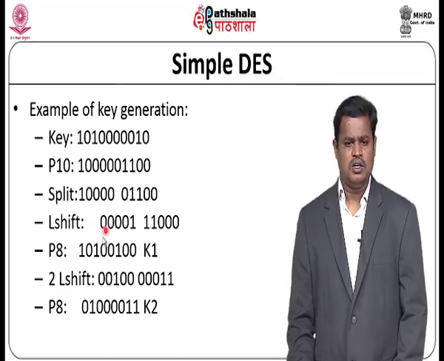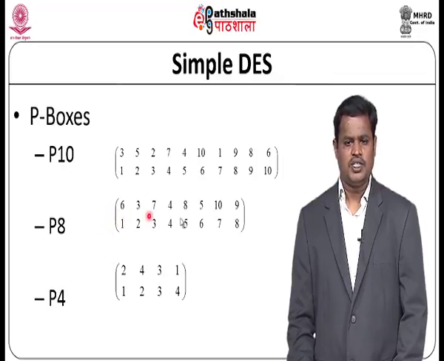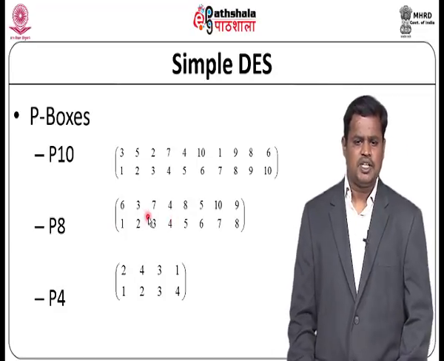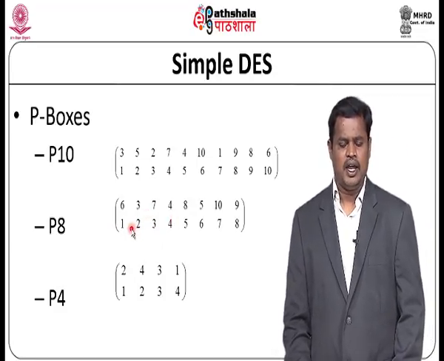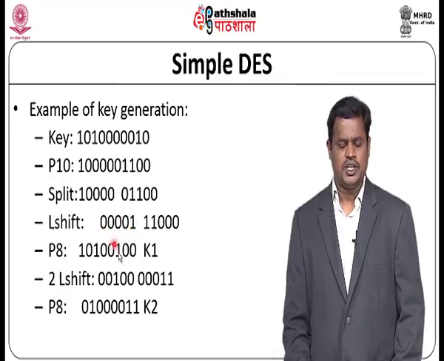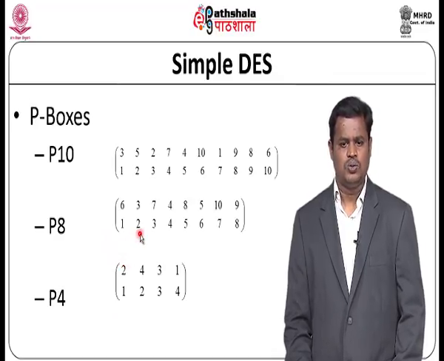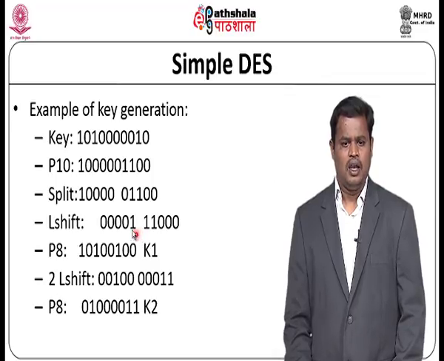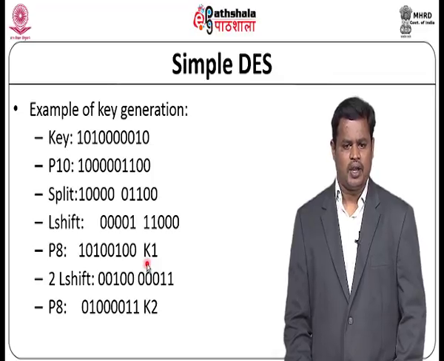The 0 has to be the first bit, and for example 1 will go to 6. Similarly 2 will go to another position; like that I will be repositioning the values in order to get the value of k1.